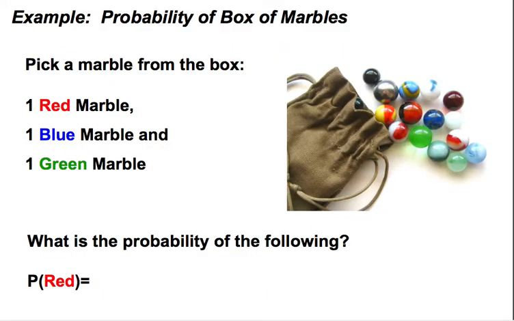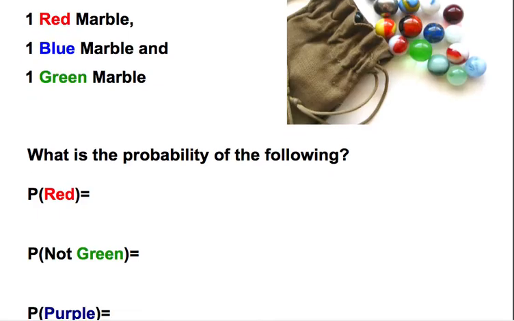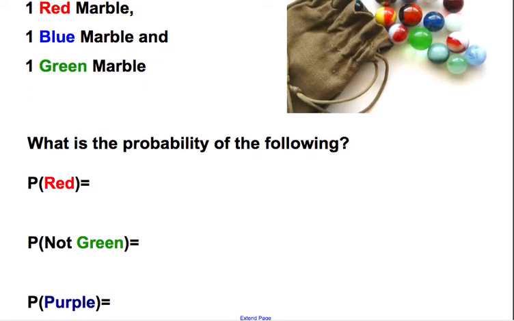All right, so we're going to go ahead and give you a bag of marbles. There are 3 marbles in the bag: a red marble, a blue marble, and a green marble. We're going to just do some simple probability here to kind of warm you up. First one, what is the probability of the following? What is the probability of a red?